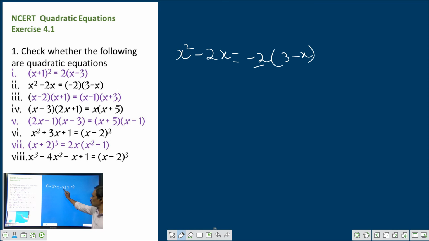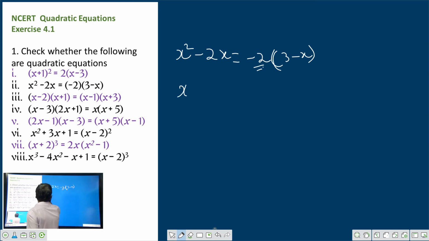Keep it in mind, minus 2 will multiply with all the terms in the bracket, so that there is no ambiguity. So that's why I put my bracket.